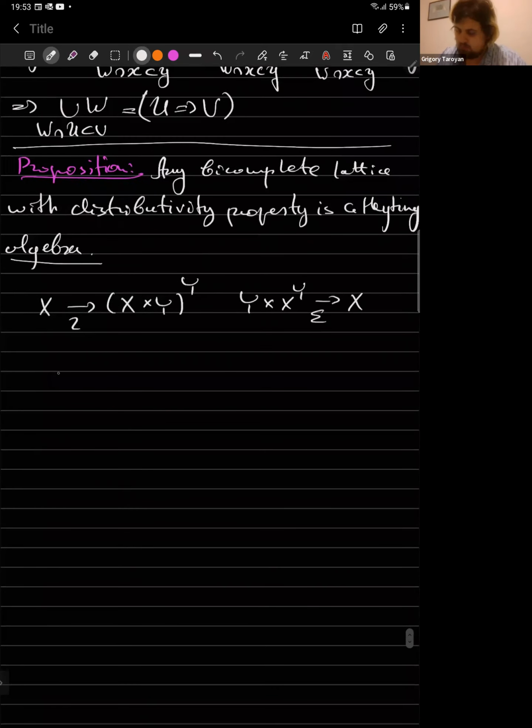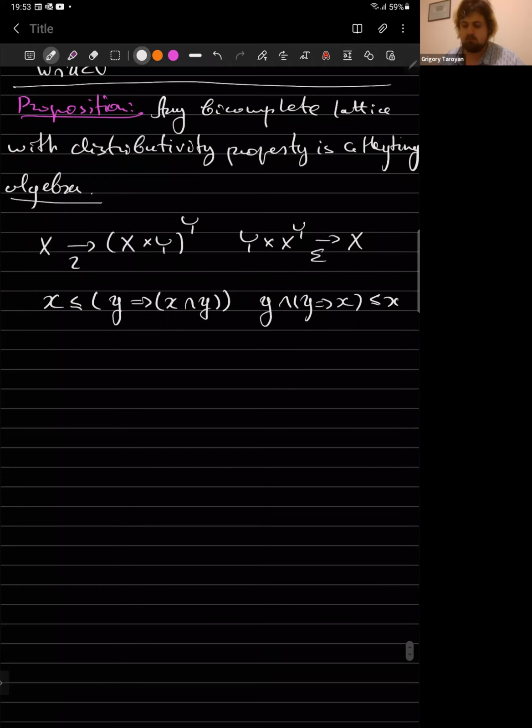In a Heyting algebra, we have the very same thing. The morphism becomes the inequality sign, and the exponential becomes an implication. So we obtain something like this. Similarly, in the opposite direction, we have this identity.